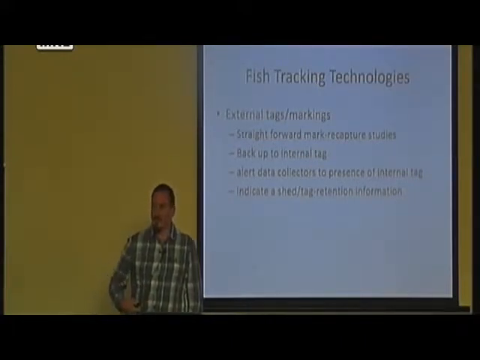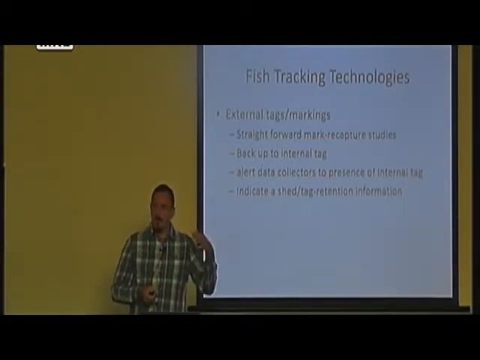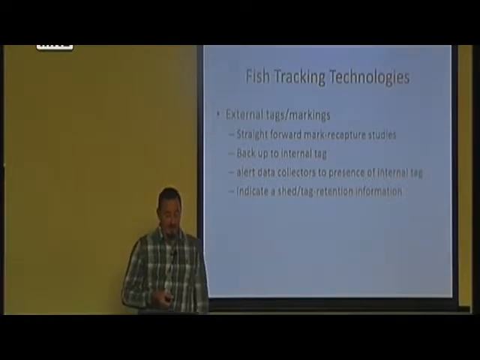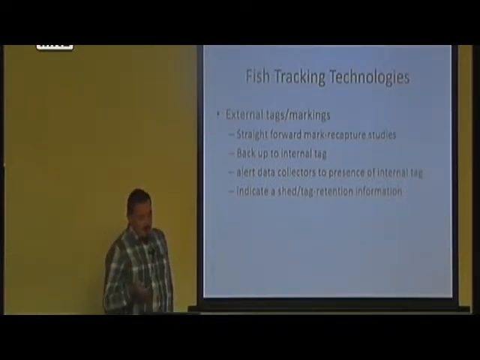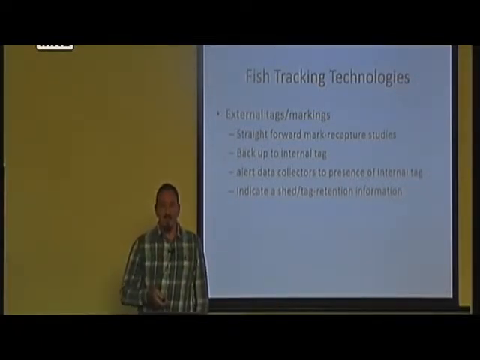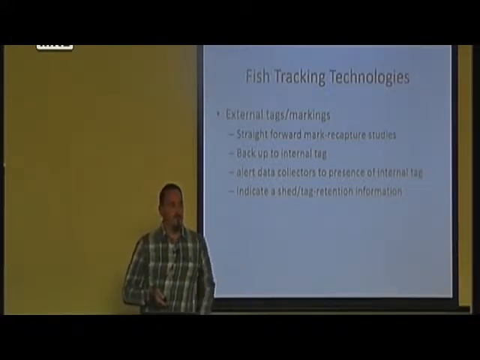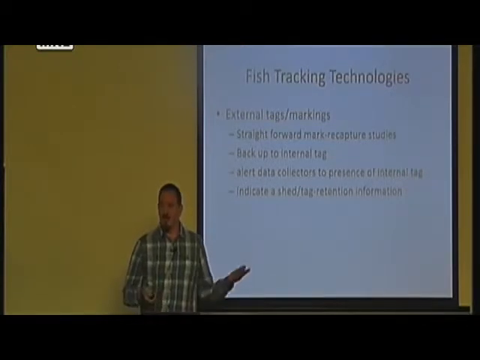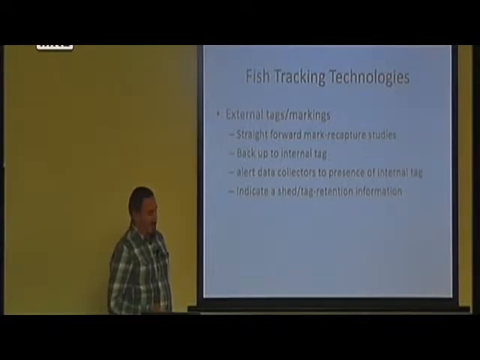If you've got a tag inside a fish and you catch that fish again, and the fish has an external marking, then you know you need to go and look for an internal tag. It can also indicate whether you've lost tags. You can get a percentage of how many tags have been lost from your fish, because if you see an external tag, it should have an internal tag. If you can't find the internal tag, you can get an idea of how many tags you actually lose.